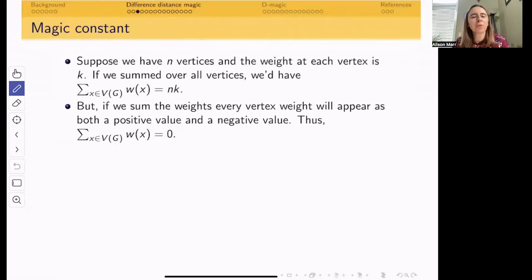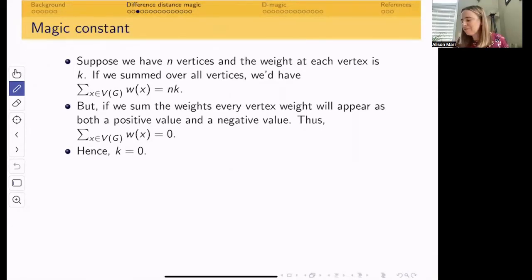But if you sum the weights, every single vertex will appear exactly once as a positive value and once as a negative value, because every vertex is going to be the end or the beginning of some edge. So every edge accounts for both a positive and negative value at some point. If you add up all those weights, you're going to get 0. And so n times k would equal 0. In this case, n is a positive integer, because we are in the integers 1 through n. So k has to be 0. It's the only thing that can be 0 in that equation.